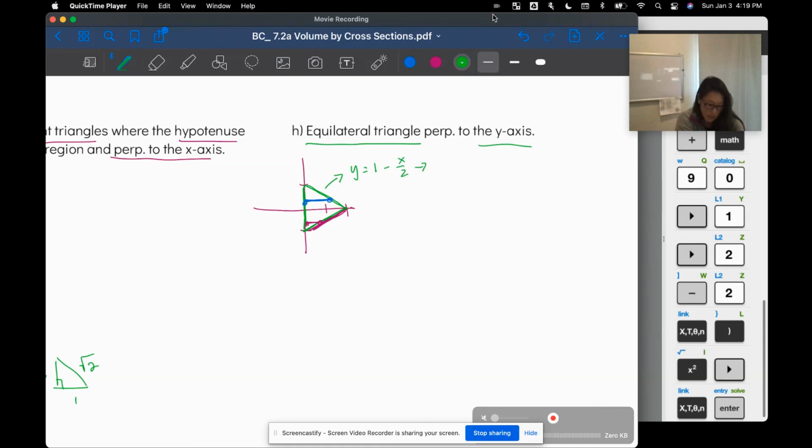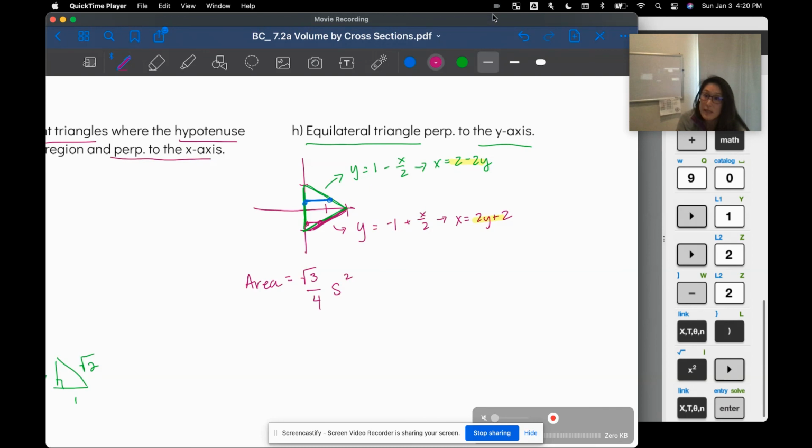And then when I change that to be written in terms of y, I get x is equal to 2 minus 2y. And then the bottom right curve is y is equal to negative 1 plus x over 2. And when I write that in terms of y, I get x is equal to 2y plus 2. Okay, so I know I'm going to have to use this right here in my integral. Now the area of an equilateral triangle is, I gave it to you earlier, square root 3 over 4 times s squared, and s is the base.